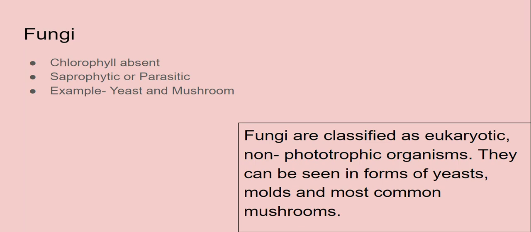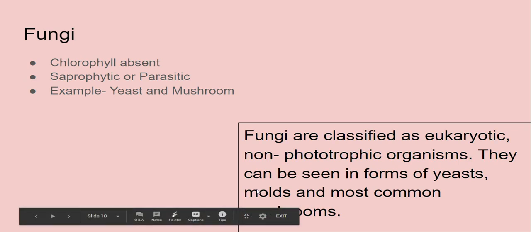As simple as that. So by non-phototrophic, we mean that the organism doesn't move towards the light. Next, they can be seen in forms of yeasts, molds, and most commonly mushrooms.